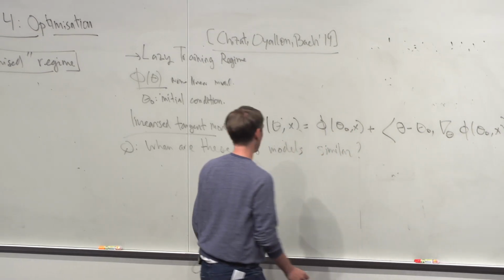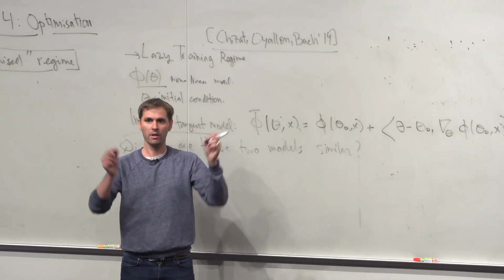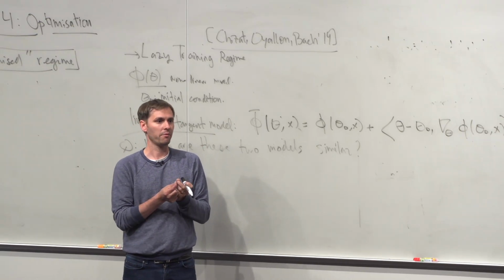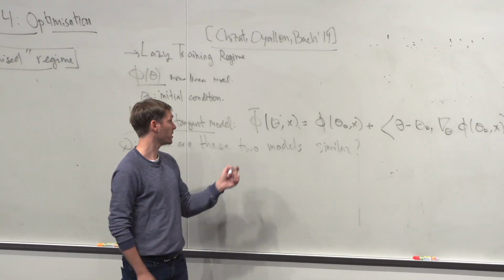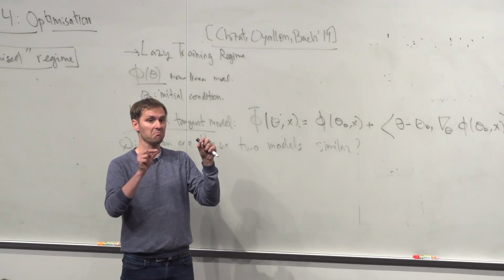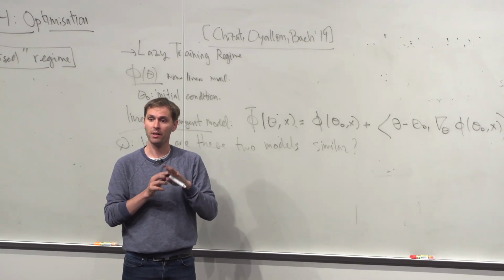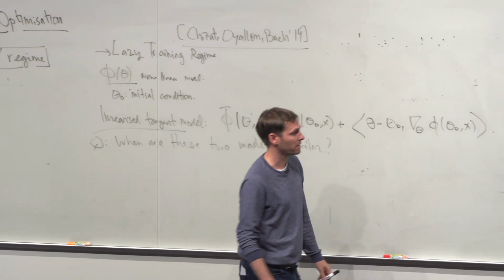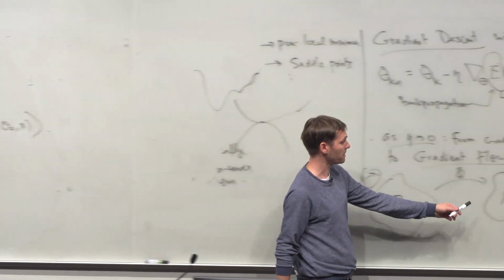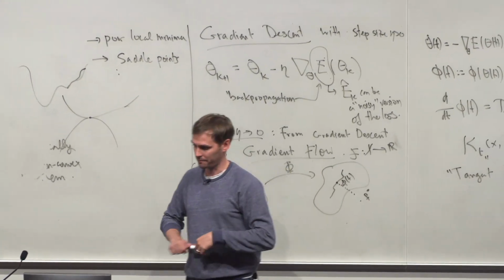In the sense of, if I start at the same point, and I follow the gradient dynamics using this model or this model, I'm going to be visiting the same functions as time goes on. I'm going to be moving along a path in function space. When are these paths going to be similar?